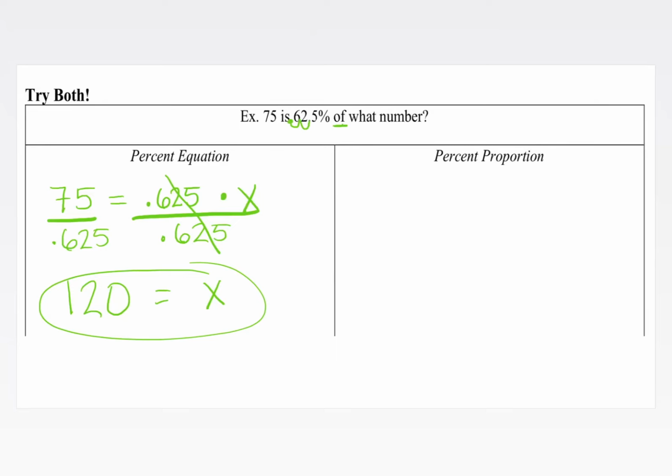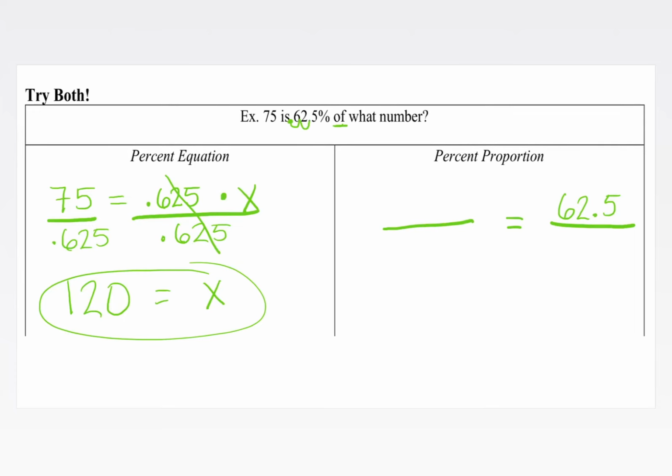Let's see if we get that same answer using the percent proportion method. So again, this is dealing with part over whole. So if we keep our percentages on the right-hand side and our actual numbers on the left-hand side, 75 is 62.5% of what number? Now this 62.5%, we already know that percentage is out of 100.